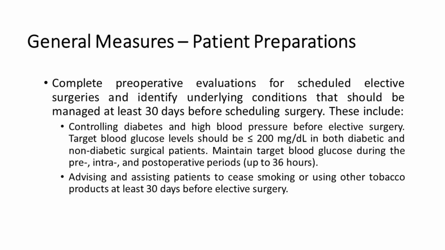Target blood glucose level should be below 200 mg per dl in both diabetic and non-diabetic patients. Maintain target blood glucose during pre, intra and post-operative periods up to 36 hours.